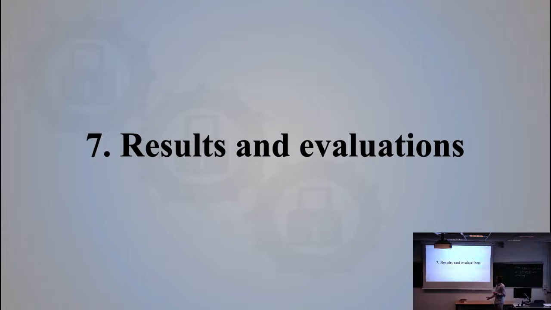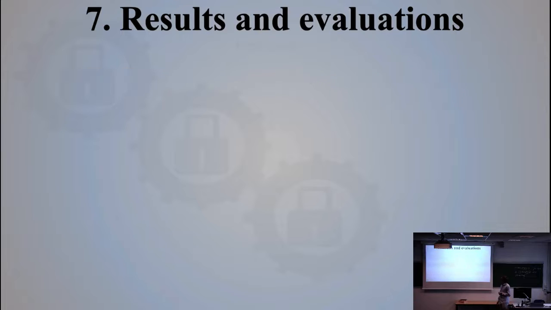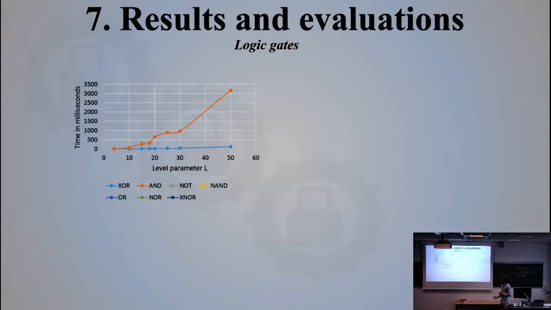All right, now I'm going to talk about results and evaluations of the circuits, homomorphic encryption, and so on. So I'll start with logic gates again. There are 2 kinds of logic gates: the ones only using a homomorphic addition operation, and the ones using a multiplication operation.